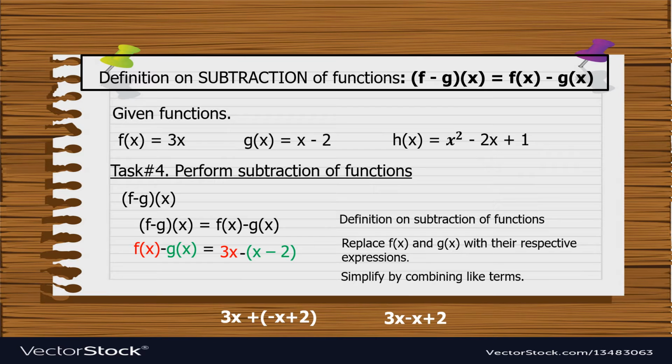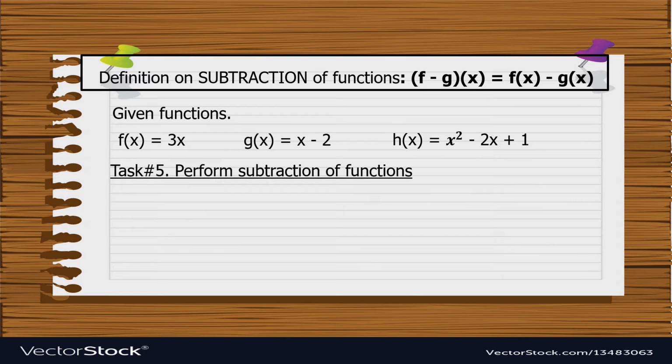Now, simplify by combining like terms. F of x minus g of x equals 2x plus 2.